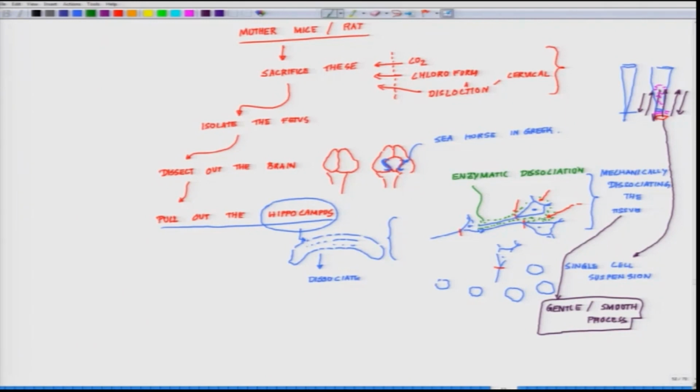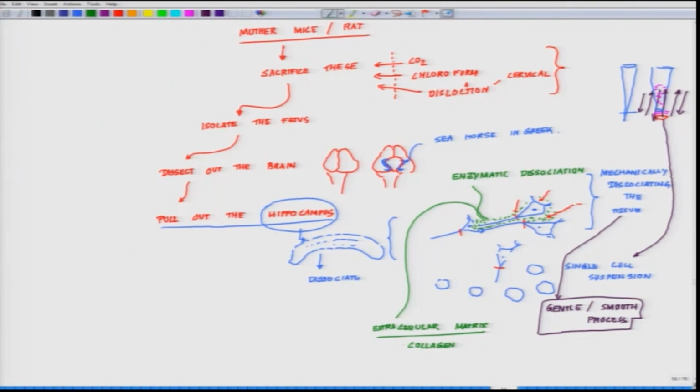Enzymatic dissociation essentially means, say for example, these extracellular matrix has say collagen. We have already talked about collagen, you remember.